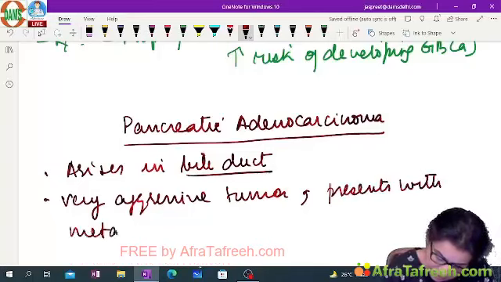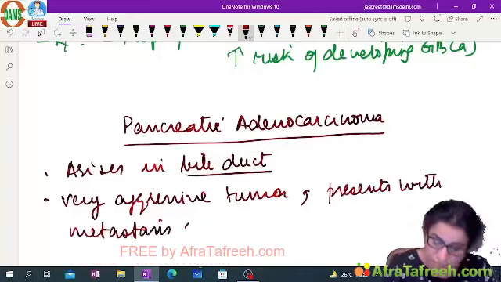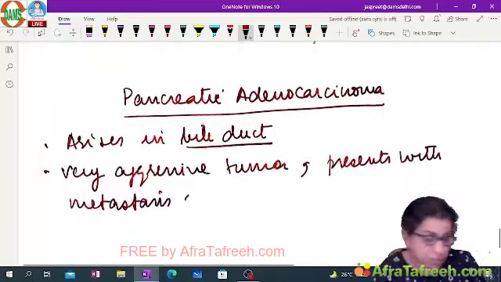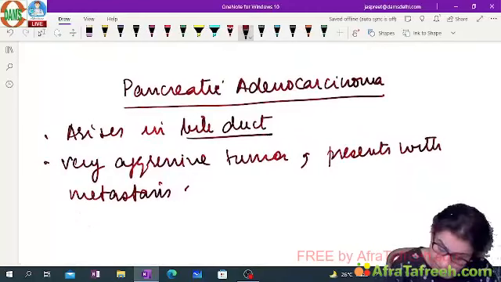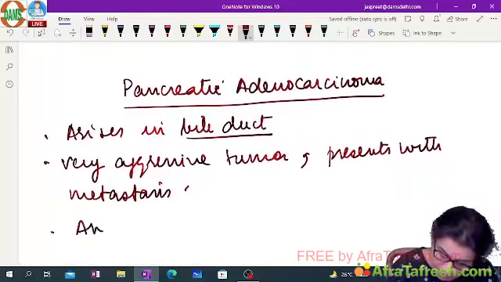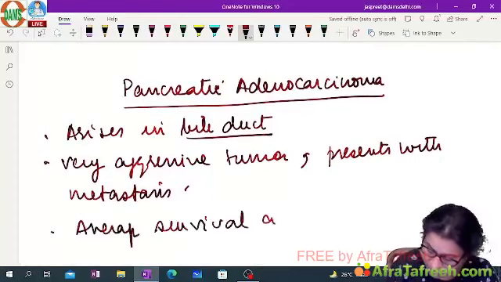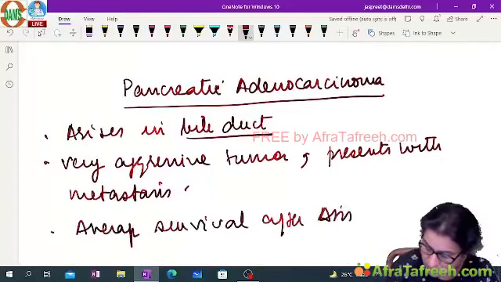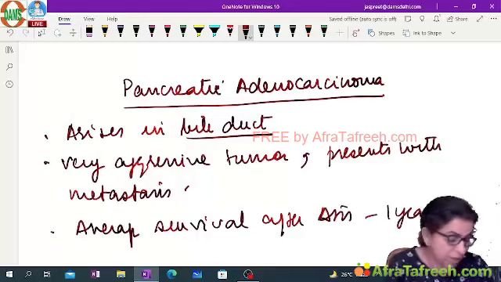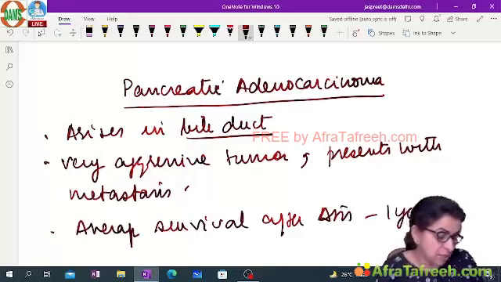So when the patient comes to you, the patient usually has metastasis, and the average survival after diagnosis is 1 year.